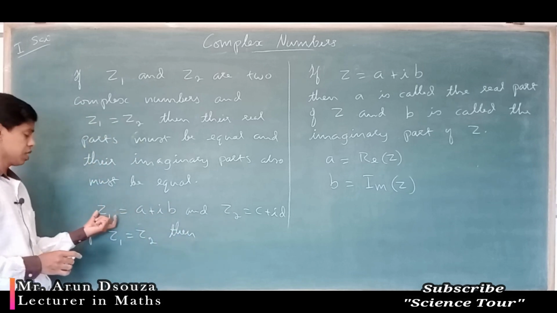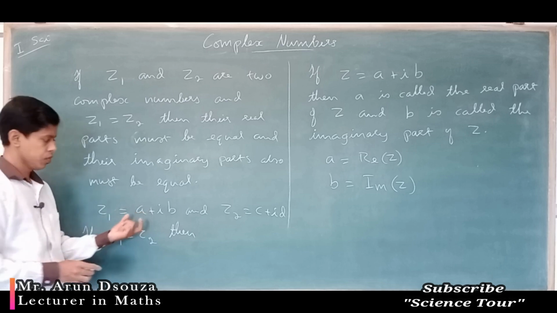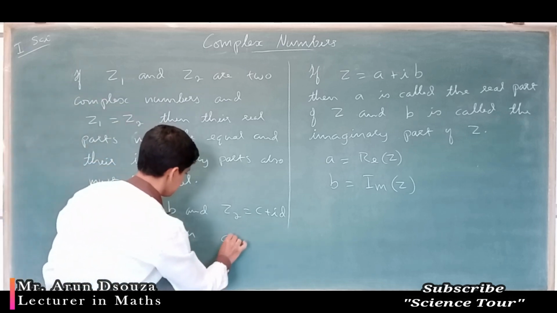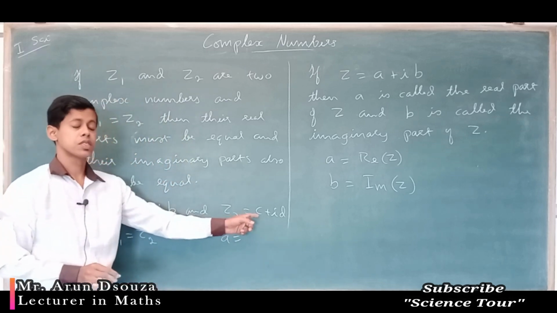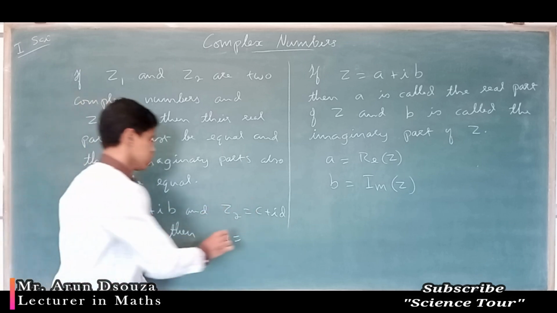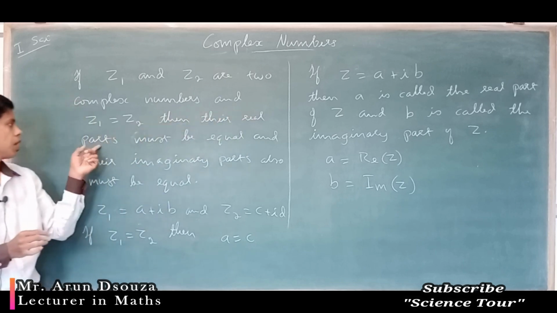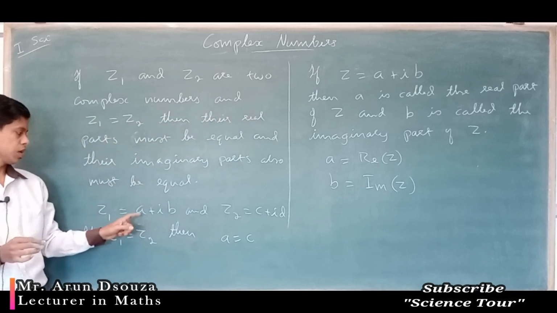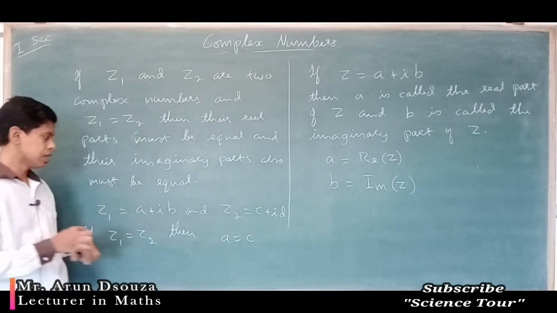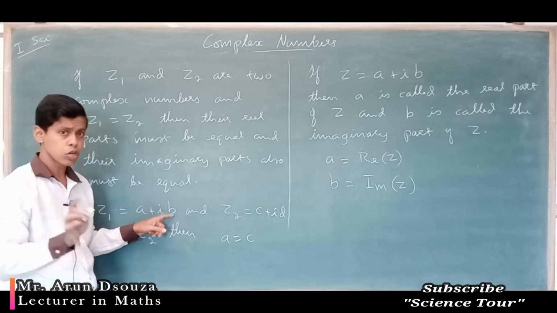The real part. What is the real part of z1? It is a, and the real part of z2 is c. So a and c must be equal. Their real parts must be equal, and their imaginary parts also must be equal.